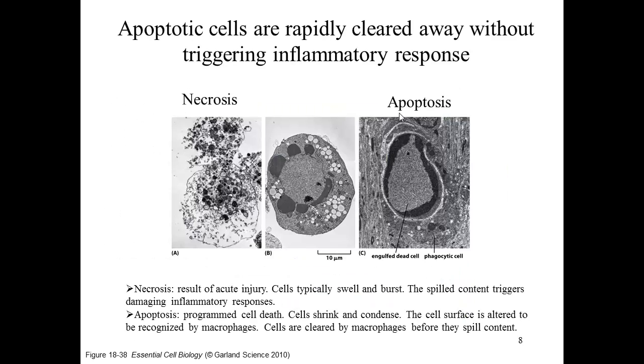Apoptosis, which is programmed cell death or orderly cell death, is contrasted here with necrosis, another form of cell death. This is the equivalent of dying by traumatic injury, whether there's a blunt force or starvation, in the case where a blocked blood vessel would not be supplying the tissue, or at the center of a tumor where there's simply not enough blood ever being delivered to support the increase in cell mass.